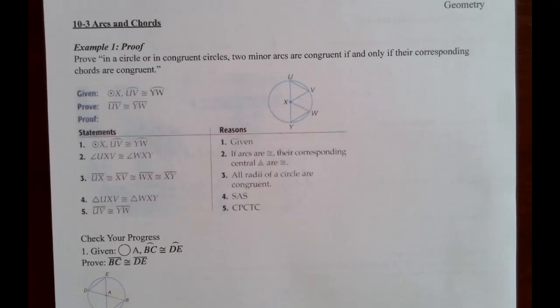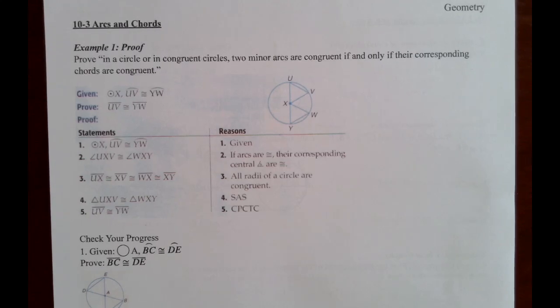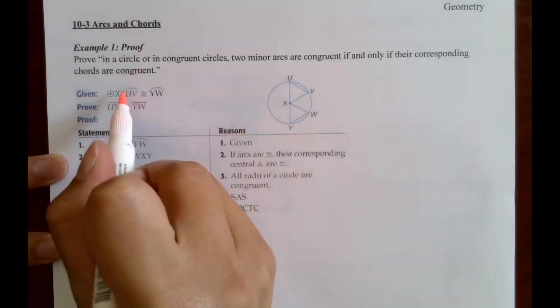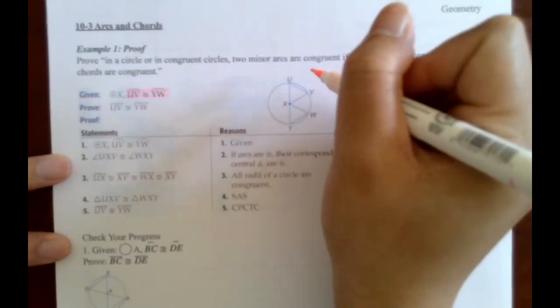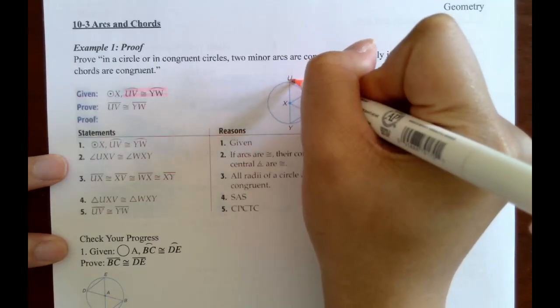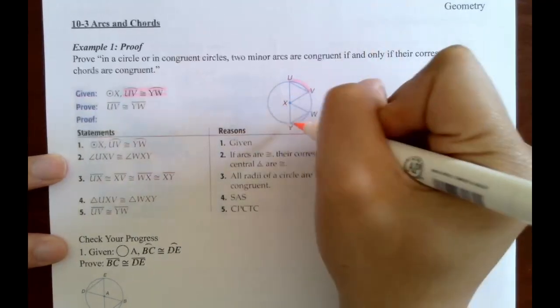So here, we want to prove that in a circle, or in congruent circles, two minor arcs are congruent if and only if their corresponding chords are congruent. We're going to start first with the fact that we are given a circle with center X. We have two arcs that are congruent, UV, this one here, and YW here.